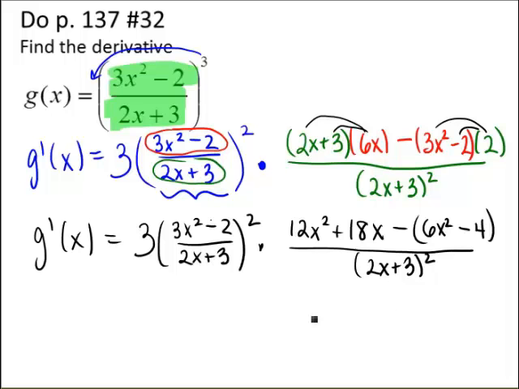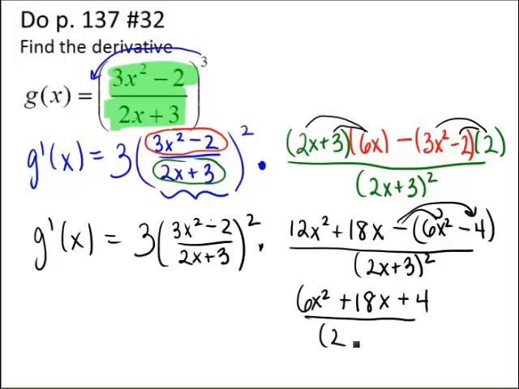So I guess I will take this just one step further. I will go ahead and distribute my negative through and combine my like terms. So I'll have 12x squared minus 6x squared, which is 6x squared, plus 18x, and that would be plus 4, all over this 2x plus 3 squared.